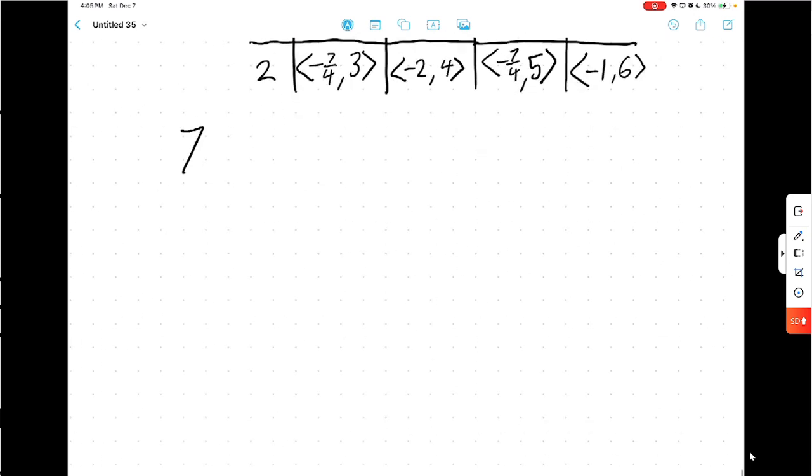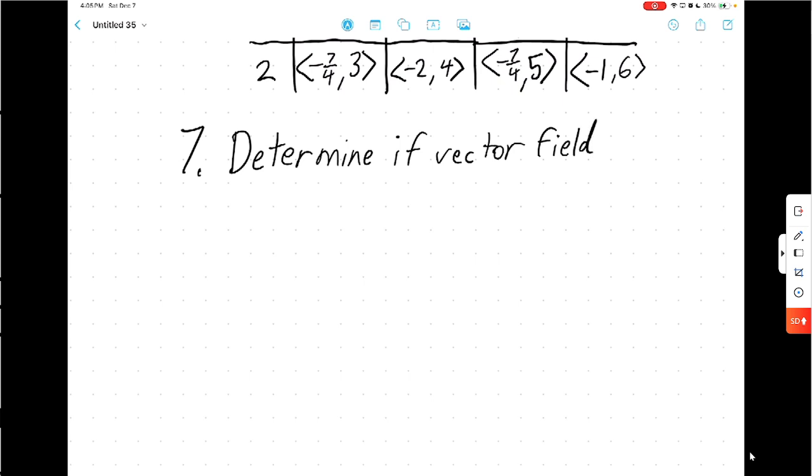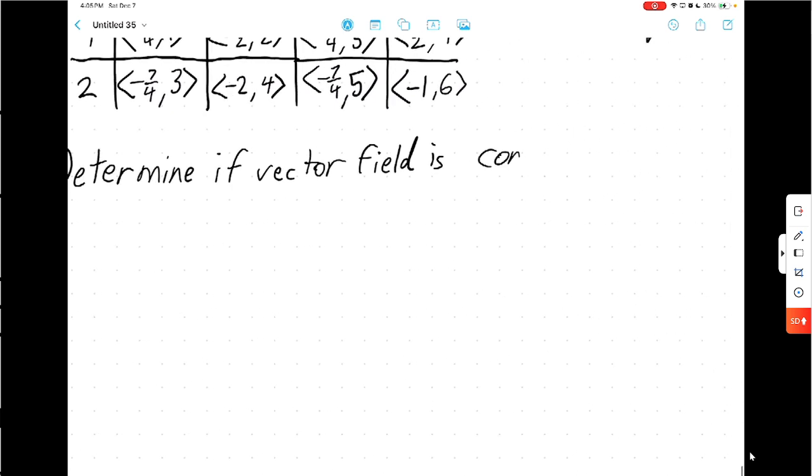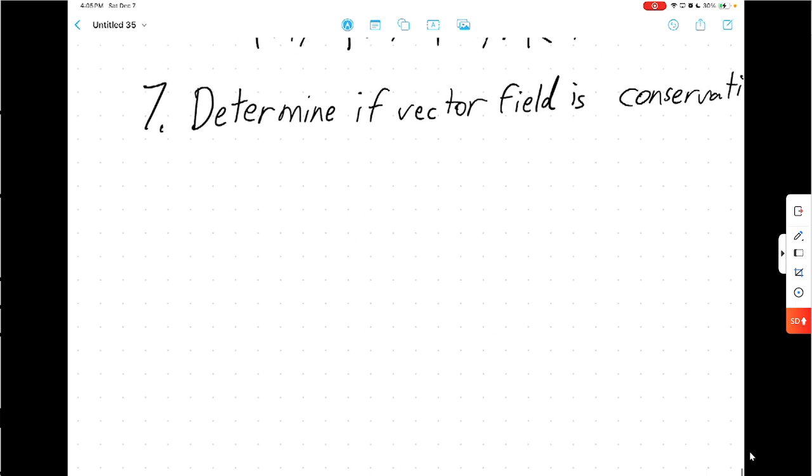Alright, number 7. For each vector field, determine whether it's conservative or not. If it is, find a potential function.